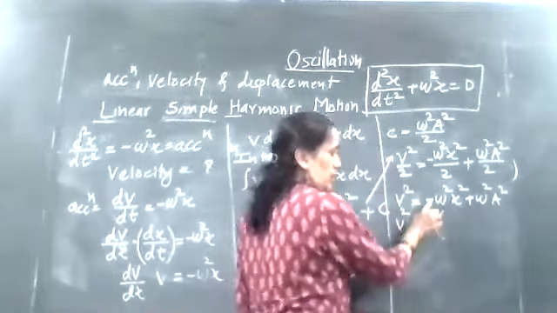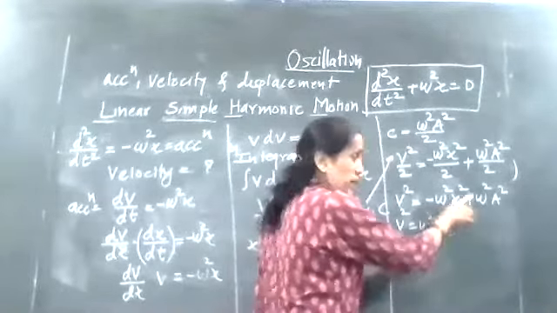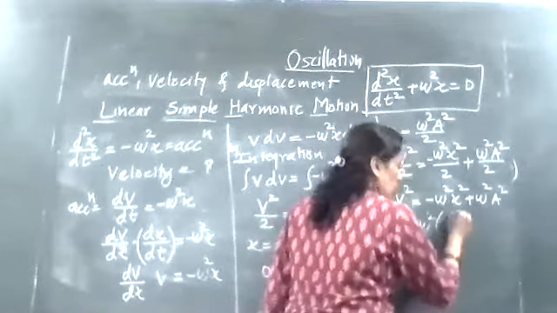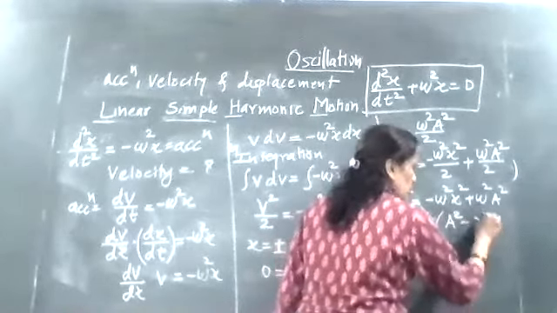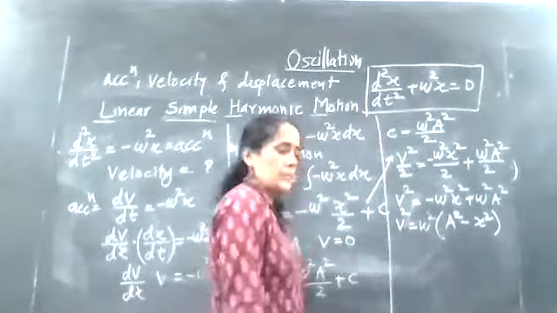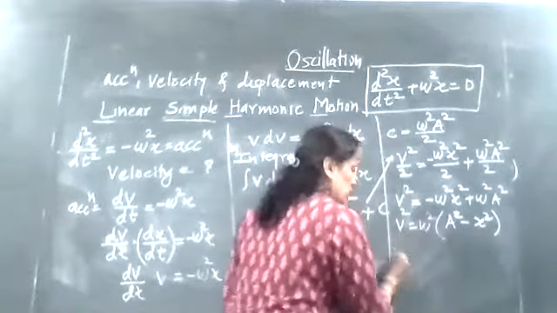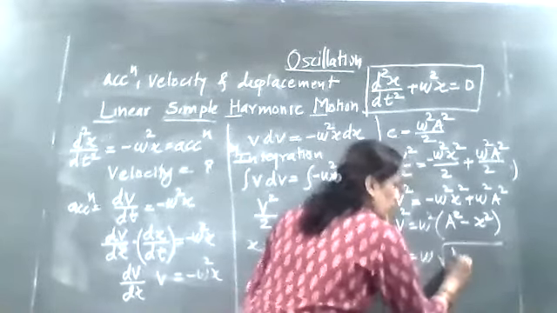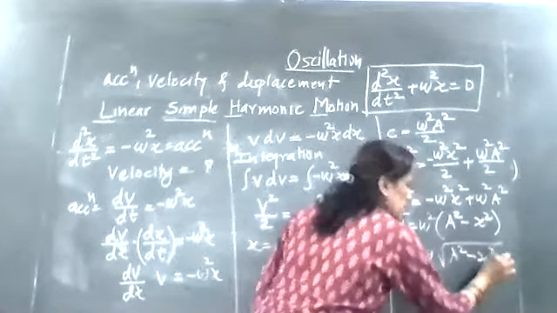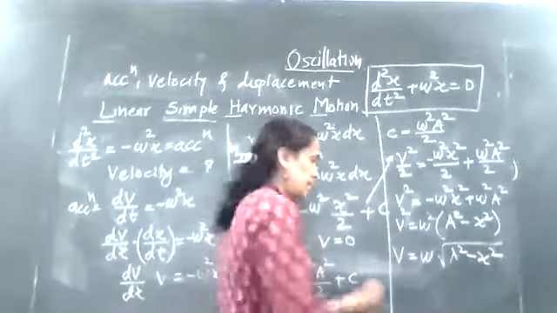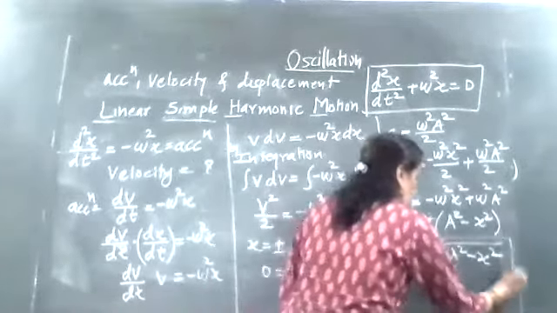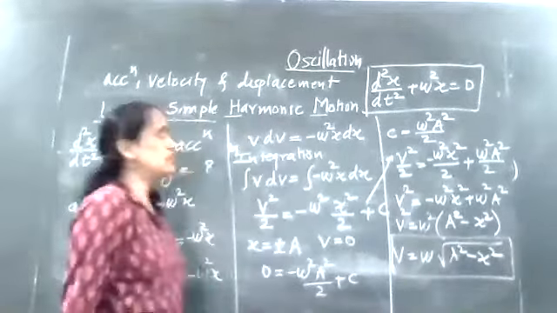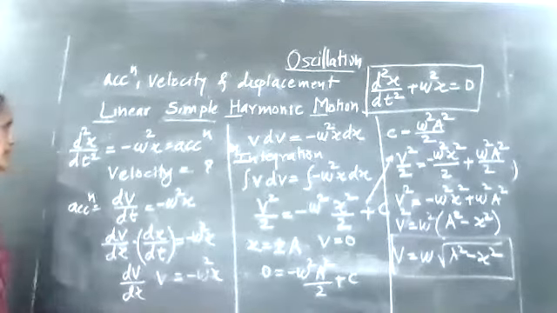Instead of taking the first term as minus, I will take the positive term first: omega square times a square minus x square. Taking the square root of both sides, v is equal to omega under root of a square minus x square. And this is nothing but your velocity when the particle is performing linear SHM.